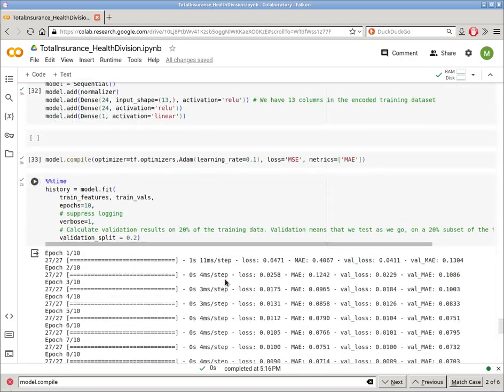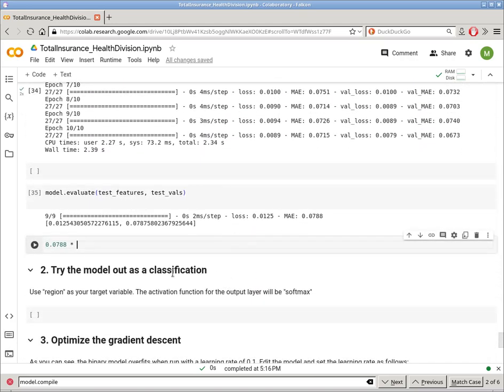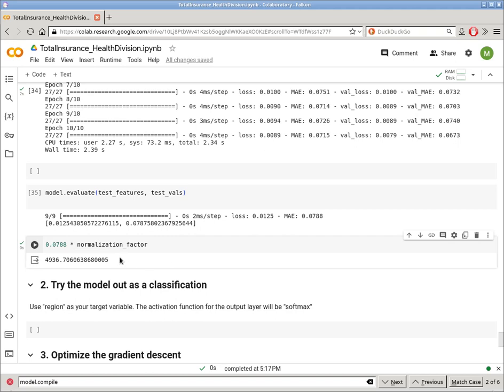And that'll tell us how many dollars we are on the average off. So the charges went from about 1,000 to 65,000, 64,000, and our average prediction on the test data is about $4,900, within $4,900 on the average.